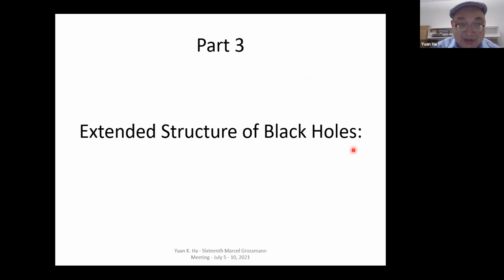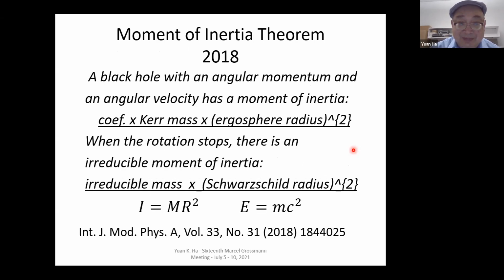This is about the extended structure of black holes. The moment of inertia theorem is shown here. A black hole with an angular momentum and an angular velocity has a moment of inertia. It is given by a coefficient times the Kerr mass times the ergosphere radius squared.